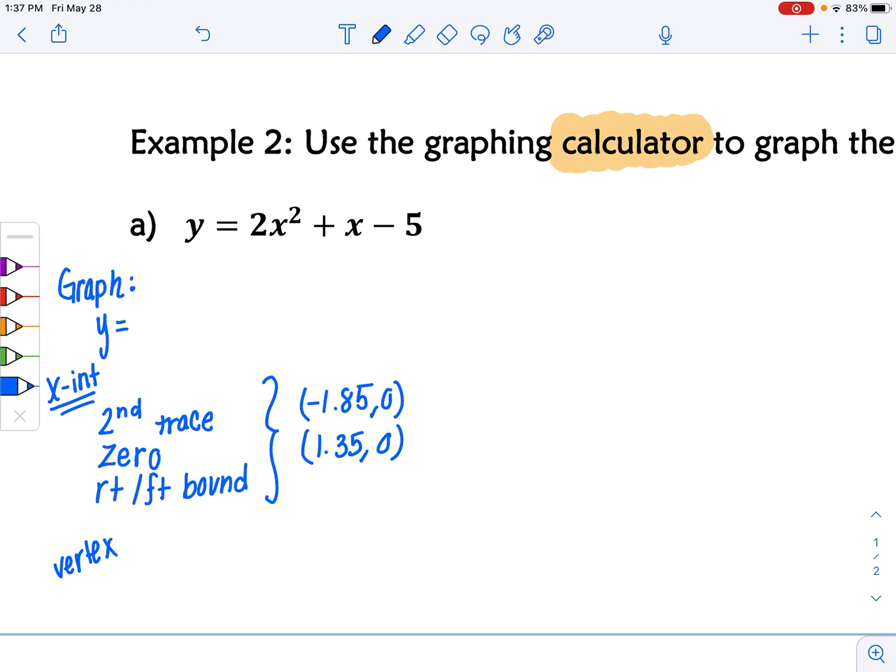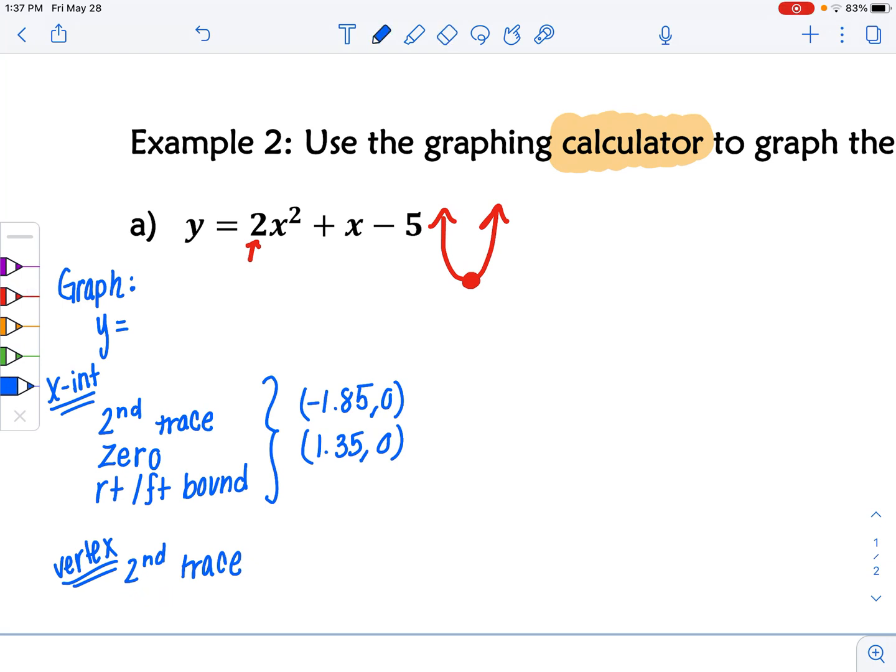To find your vertex, so what we did by hand in the last problem, again, you press second trace. This time you have to pick max or min. Well, in this problem, think about the shape. Because this is a positive number, the graph's going to go up, which means I need to find the minimum point.